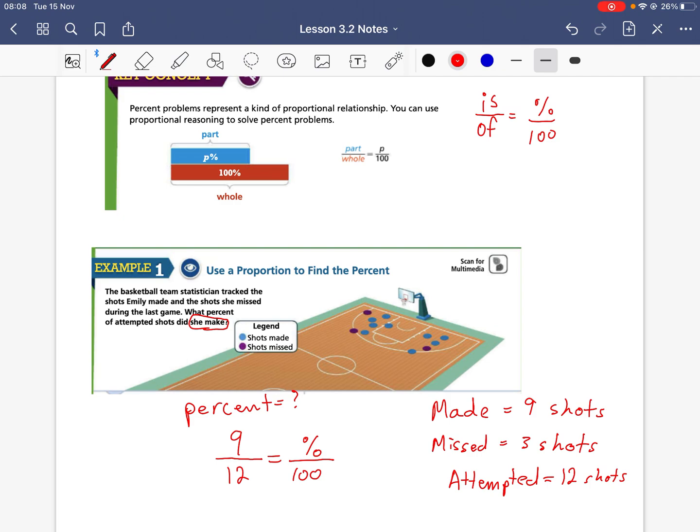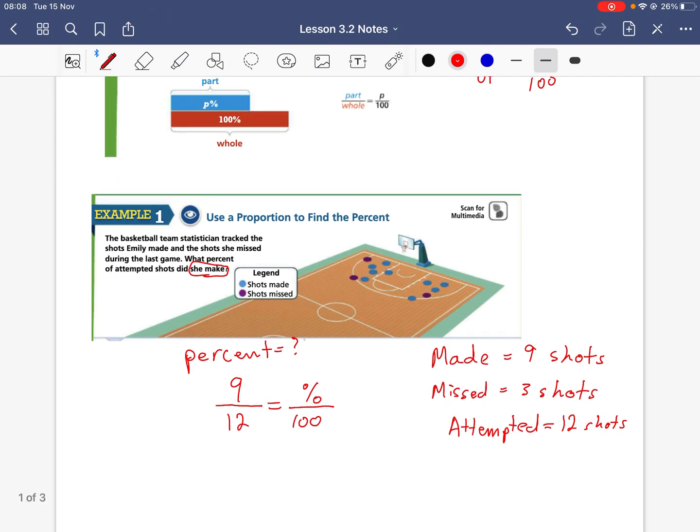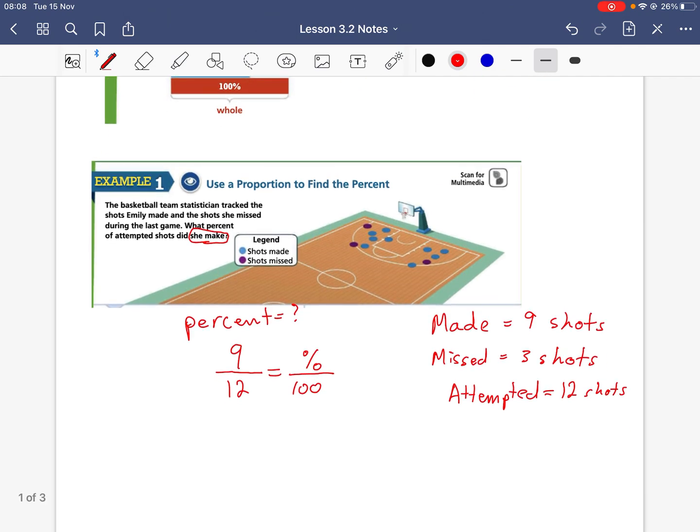So now we can figure out 9 out of 12 is what percent? So we can go ahead and simplify. 9 out of 12 gives us 0.75 equals the percent out of 100. We multiply this side by 100. We'll multiply the left side by 100. 100 divided by 100 is 1.